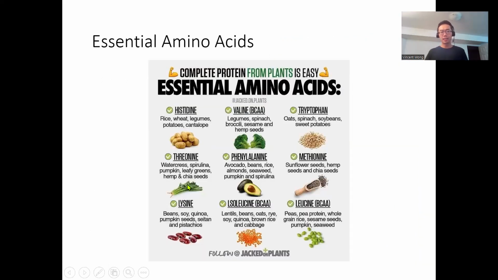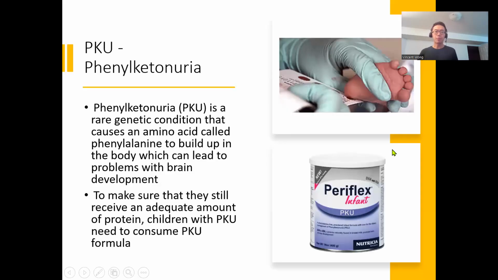Now, one of the essential amino acids here is phenylalanine. Some people are born with a rare genetic condition in which they cannot break down phenylalanine. So there's this recurring theme that I have been showing you, right? To break down things, you need to have a special enzyme for it. Earlier we said if you don't have an enzyme to break down lactose, then you become lactose intolerant.